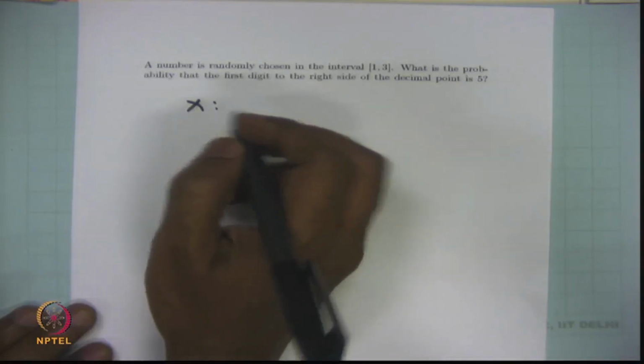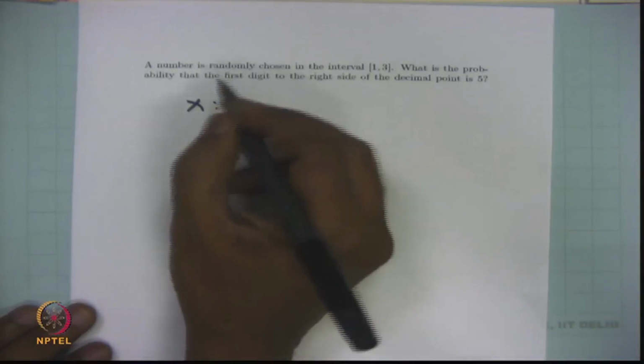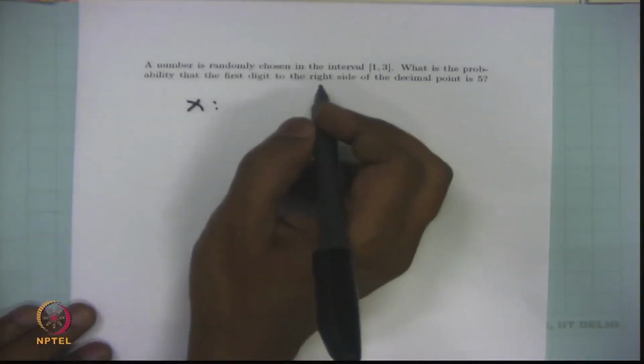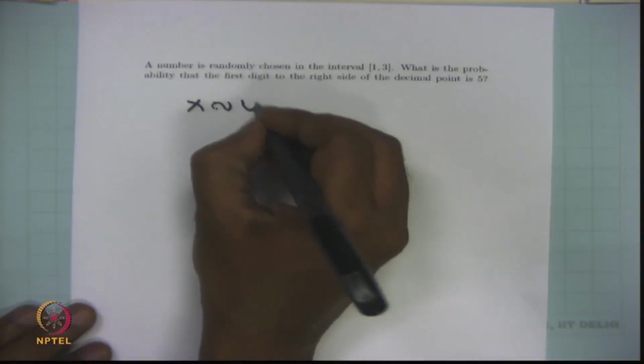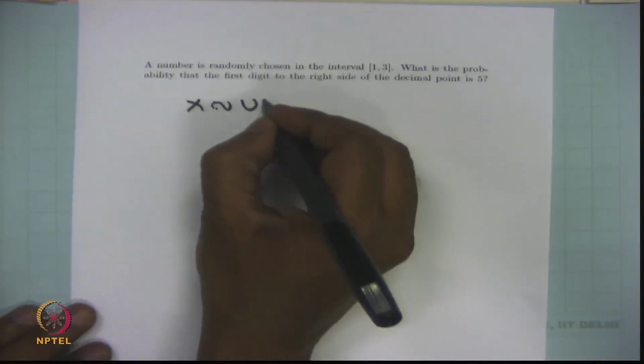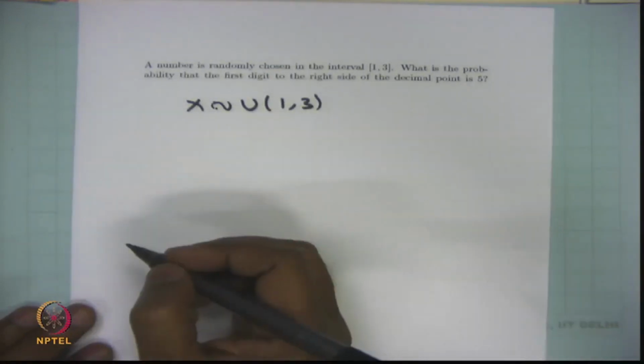Since X is a random variable which denotes a number obtained in the interval 1 to 3, this follows uniform distribution between the interval 1 to 3.